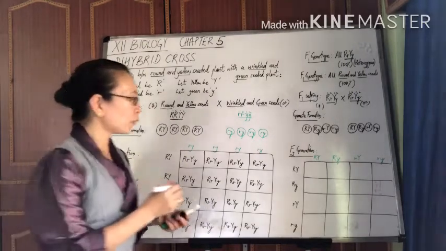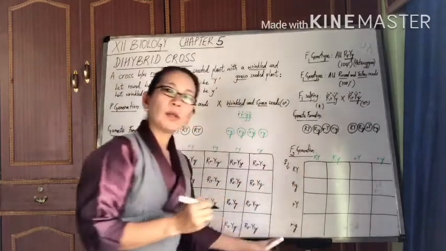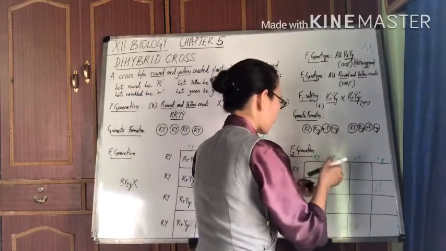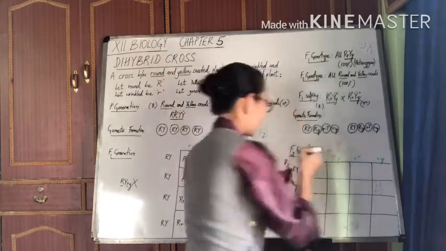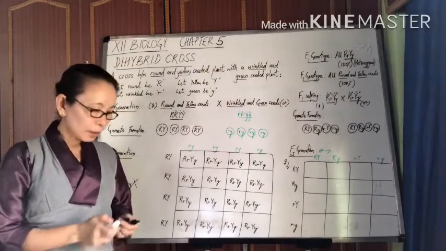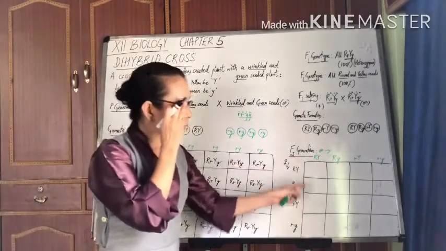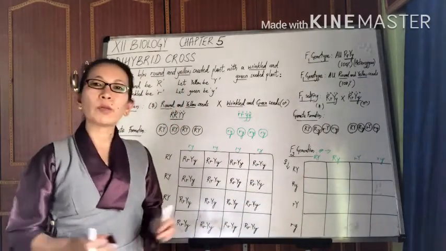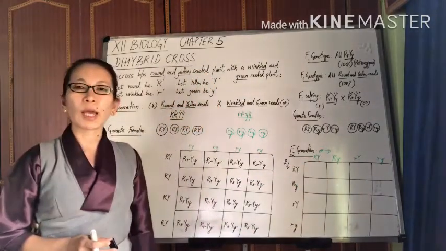Alright, so we have the female gametes shown here on the side, and the male gametes shown across the grid. Now we have to complete the Punnett square. In another way, this is nothing but making all the combinations of the respective parental gametes.